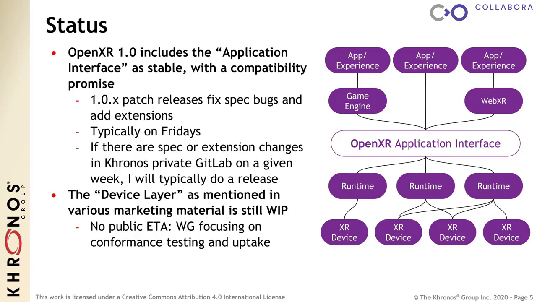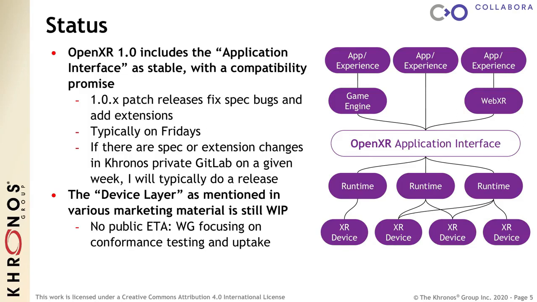Now, if you go to the Khronos website or look around at some articles, you might see mention of a different diagram that has a device layer, which would allow a single runtime to connect to multiple XR devices. The diagram at the right is a more accurate description of the current 1.0 ecosystem.